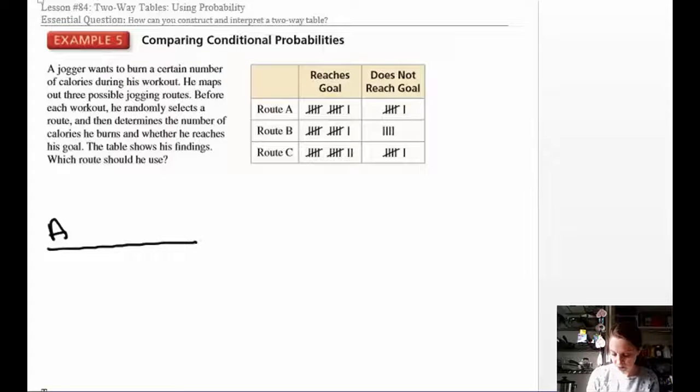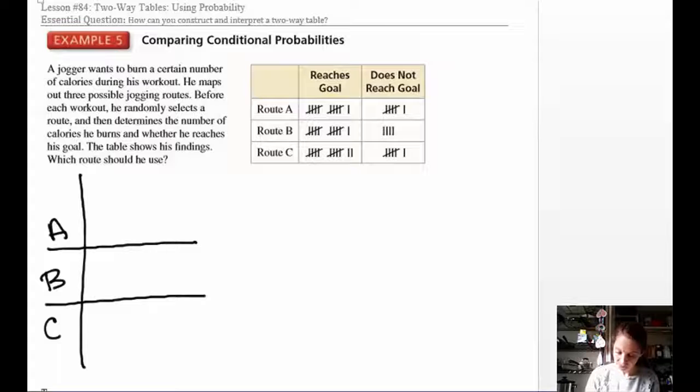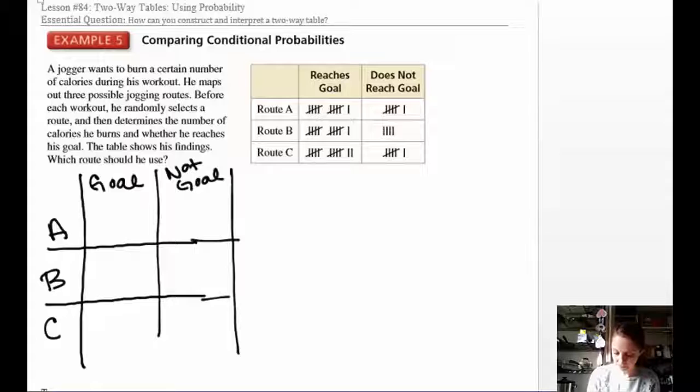We're going to record the joint relative frequencies. So we're going to stick with goal or not goal. And I'm going to begin with the numerators. So goal on route A is 11, and then not goal on A is 6.